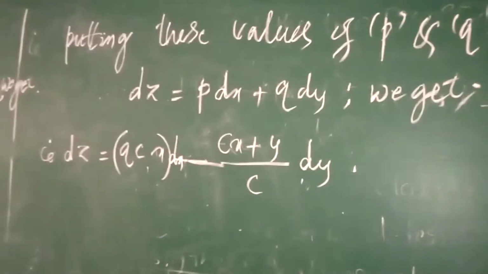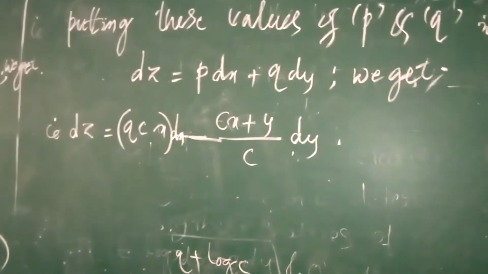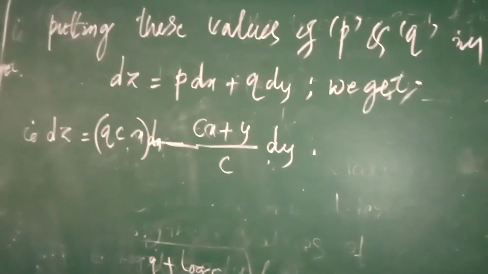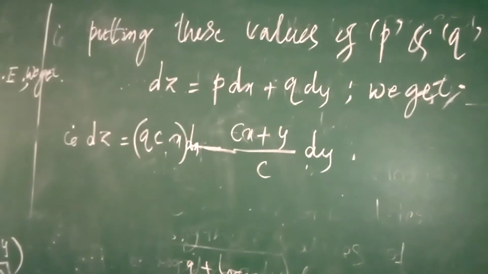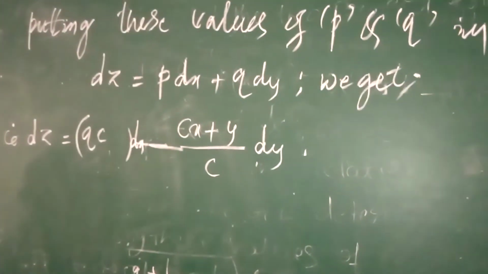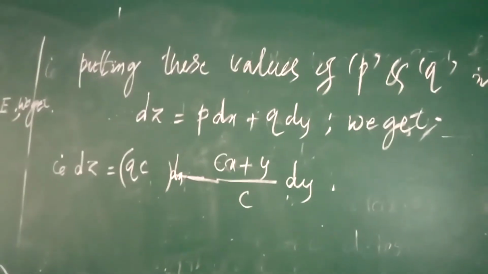Am I right? dz is equal to QCx into dx, QC into dx minus of Cx plus Y into dy.